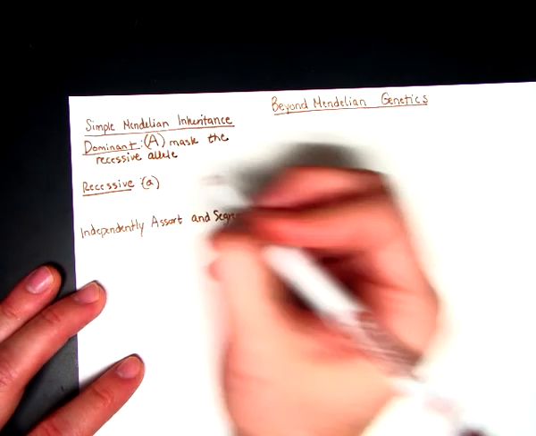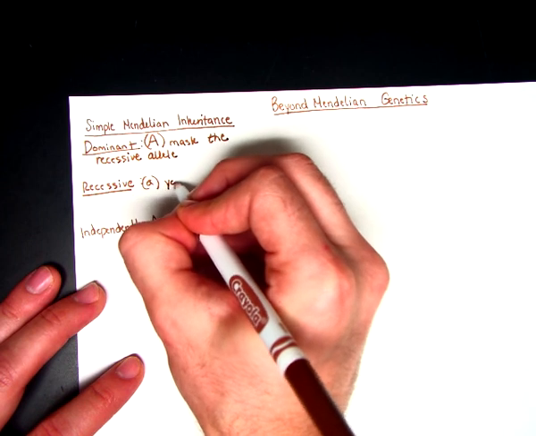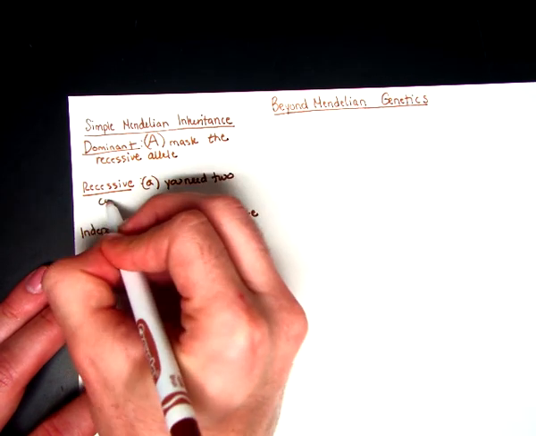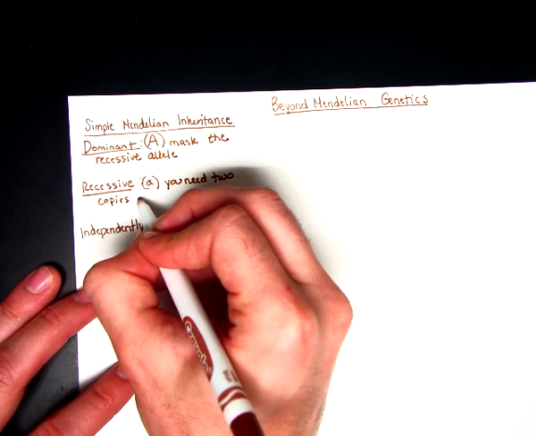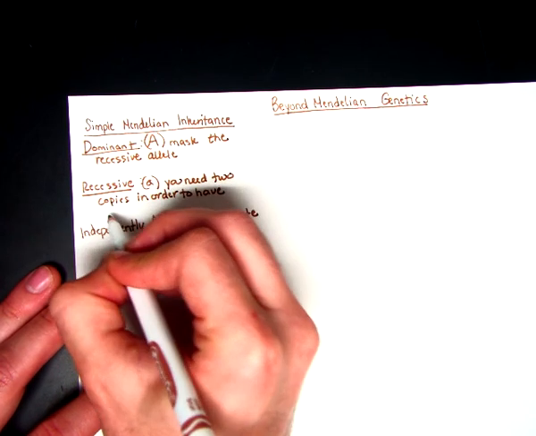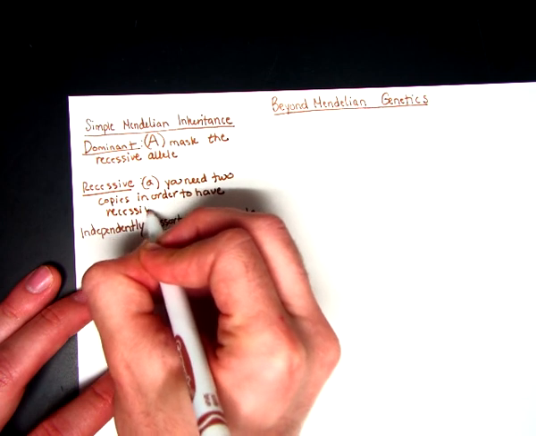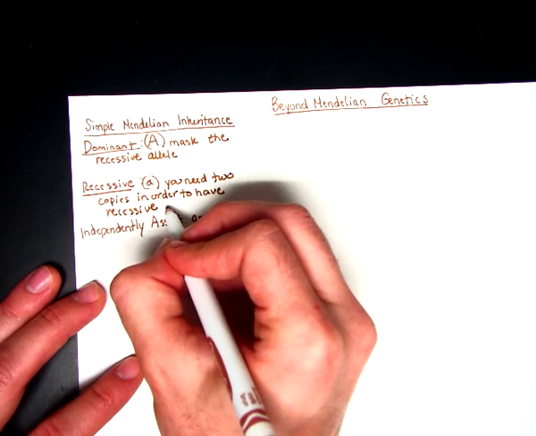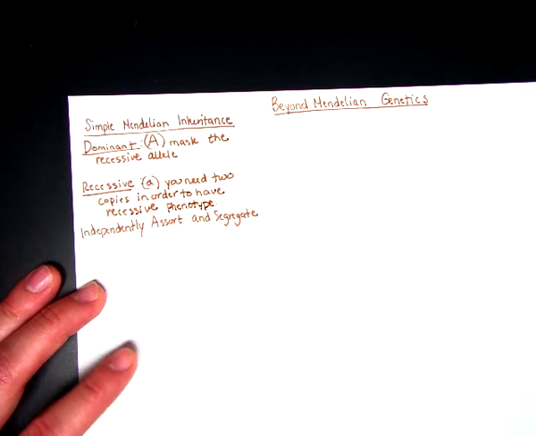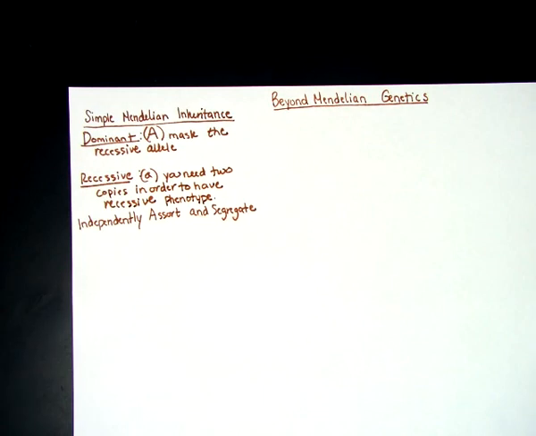And for a recessive, you need two copies in order to have the recessive phenotype. In other words, the dominant allele can't be present. Okay, that's kind of the basis of how we can start to interpret some of these pedigrees.